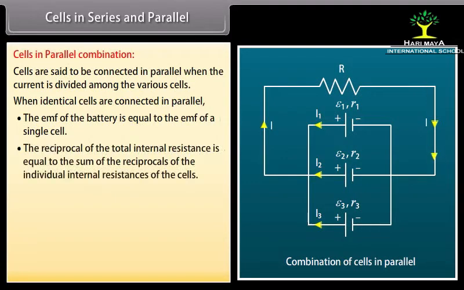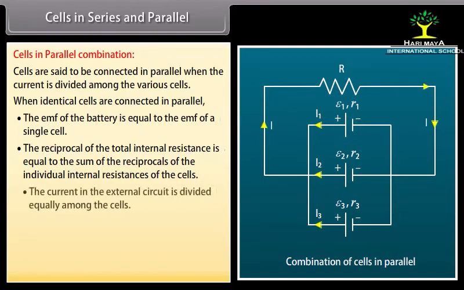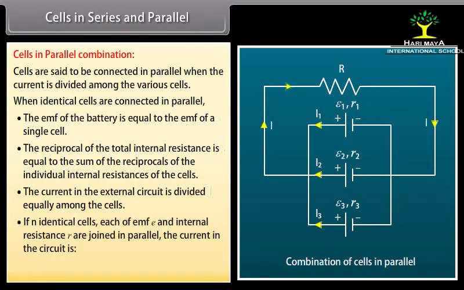The reciprocal of the total internal resistance is equal to the sum of the reciprocals of the individual internal resistances of the cells. The current in the external circuit is divided equally among the cells. If n identical cells, each of EMF E and internal resistance R, are joined in parallel, the current in the circuit is equal to nE divided by (nR + r).